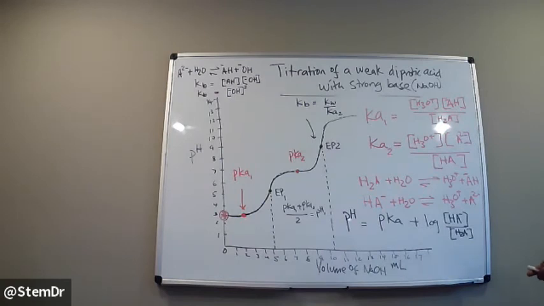pKa1 is calculated from pH 1, and the pH equals pKa1 at the point where the concentration of the conjugate base is equal to the concentration of the acid. So in the equilibrium solution, if the conjugate base and the acid are equal, this ratio will become 1.